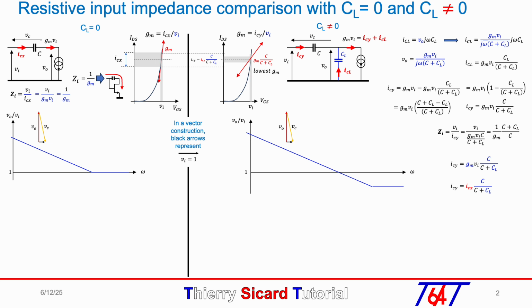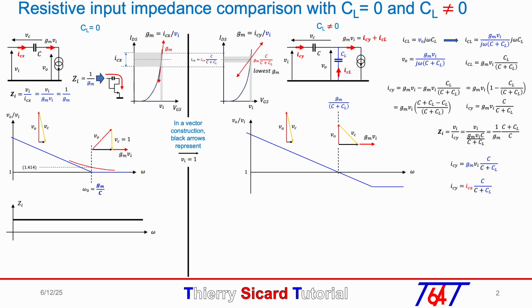For the case CL different of 0, when the -1 slope asymptote crosses the gain 1, at the angular frequency Gm over C plus CL, the vector construction shows always a phase of 90 degrees. But in comparison with CL equals 0, the gain does not go below 1. So at the angular frequency omega 0 equals Gm over C, the gain is not 1 but 3 dB over, as shown with a real gain curve in red.